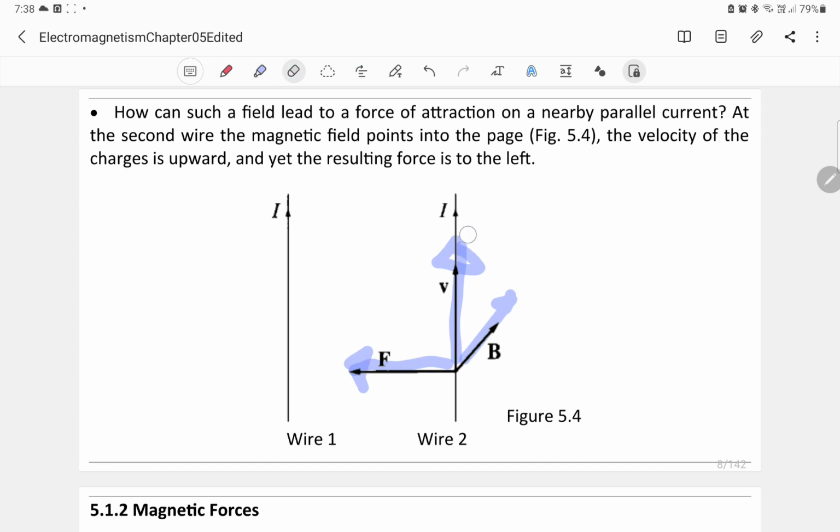The velocity is always perpendicular to the magnetic field, and the force is perpendicular to the current, and the force is also perpendicular to the magnetic field.